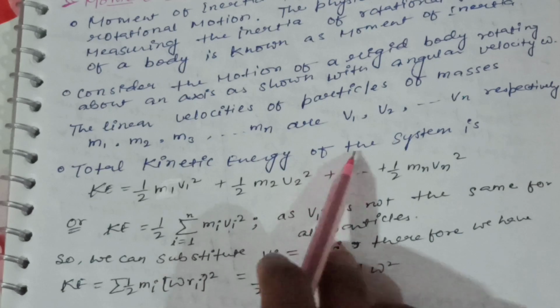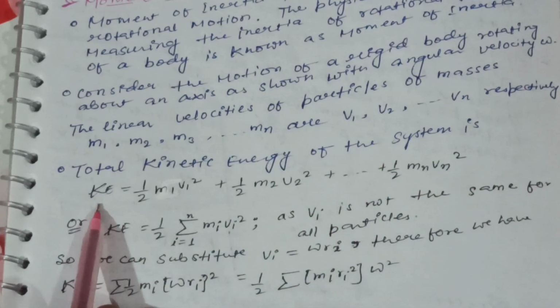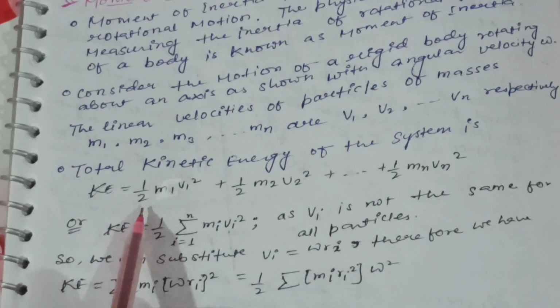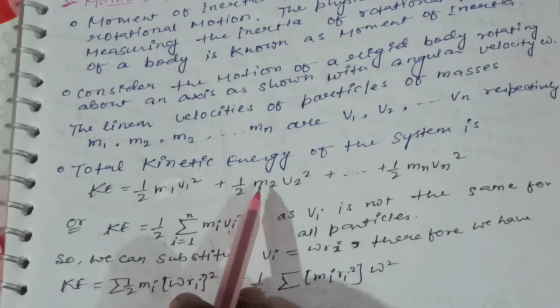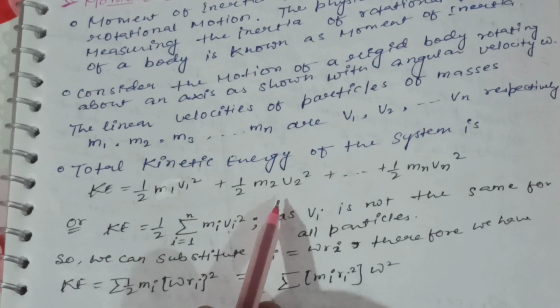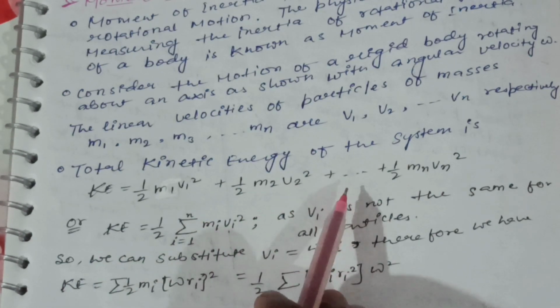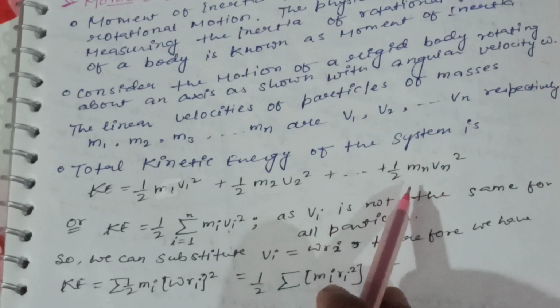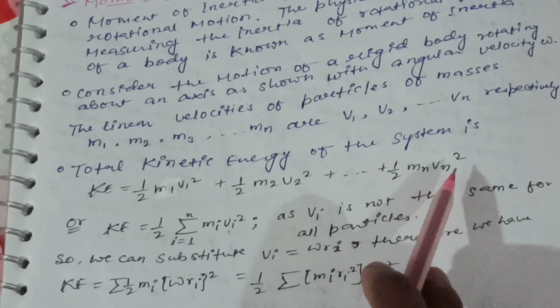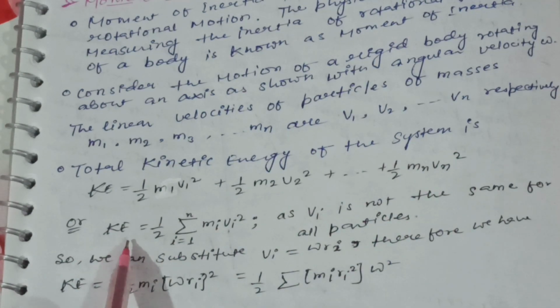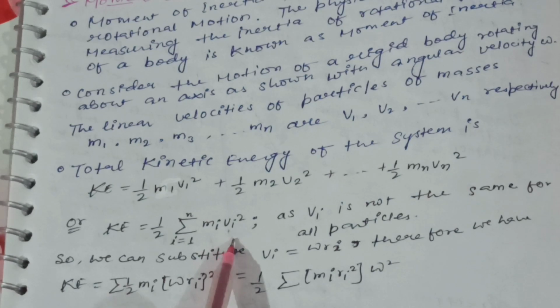Total kinetic energy of the system is KE is equal to 1/2 m1 v1 squared plus 1/2 m2 v2 squared plus 1/2 mn vn squared, or KE is equal to 1/2 summation from i equals 1 to n of mi vi squared.